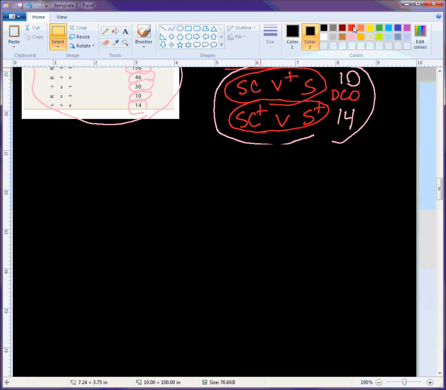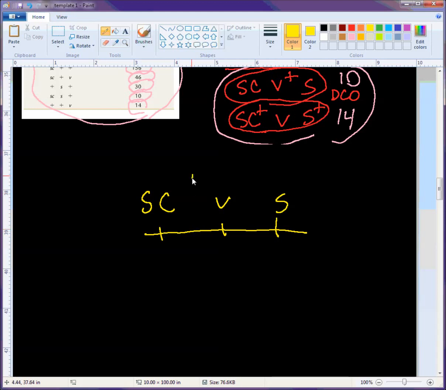Okay, so let me remap this. I wanted SC in the front. SC, V, and S. Okay, so let's start with this interval right here.